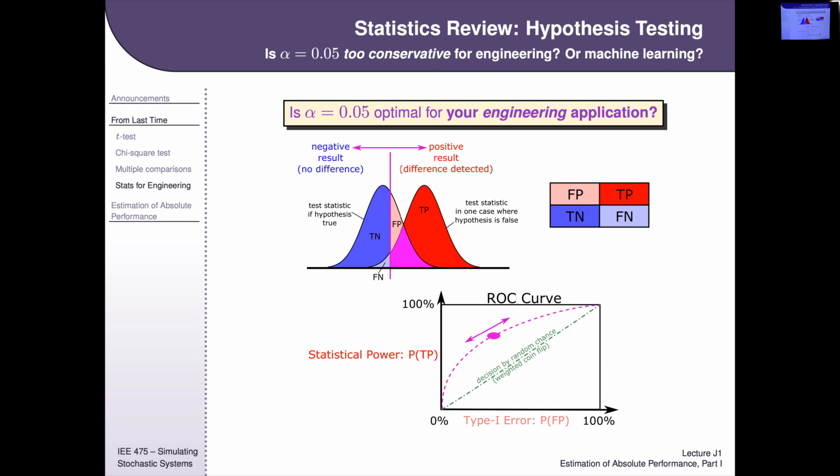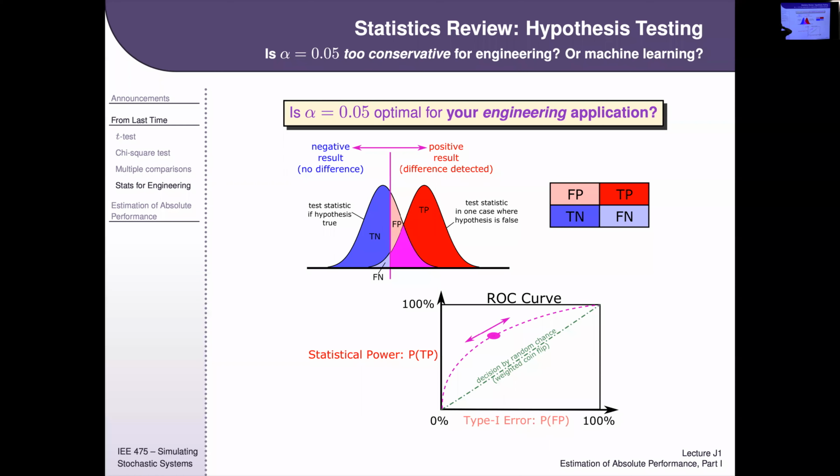Now, if you work at a well-funded engineering firm and you really are interested in detecting a possible improvement to your process, then you might have the funding that you can change your error rate.